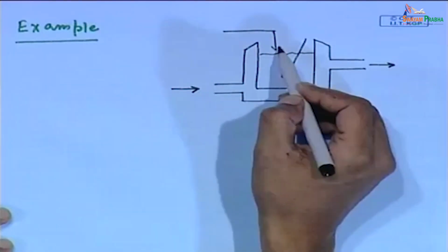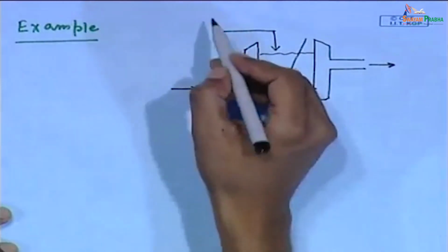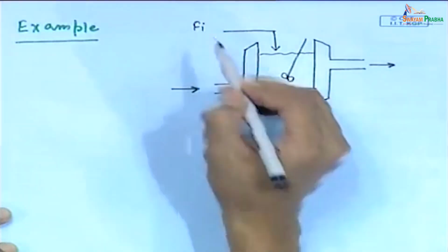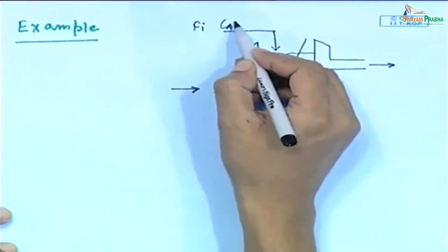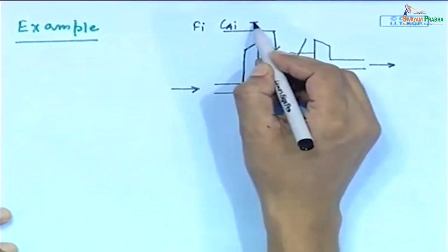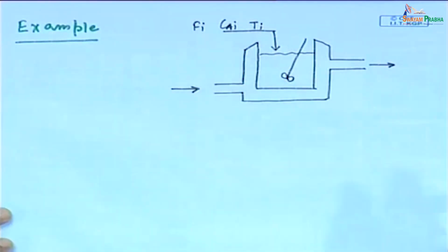Feed is introduced with a flow rate of Fi, concentration of CAi and temperature of Ti.